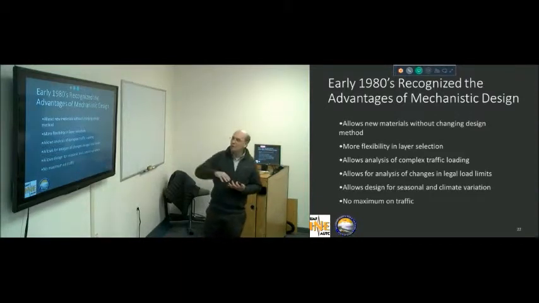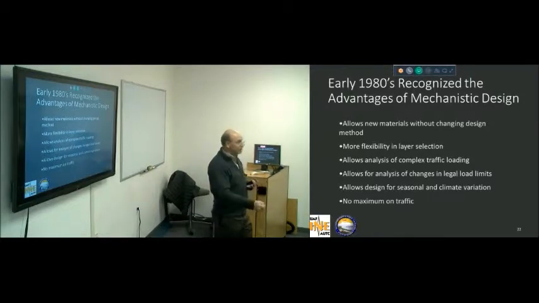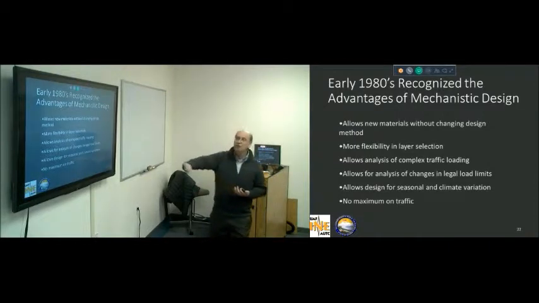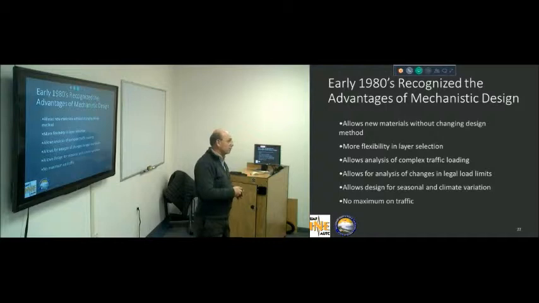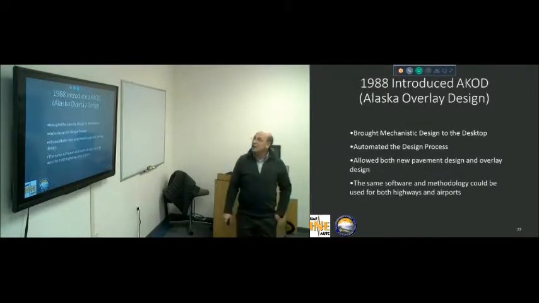You're able to do that very nicely. It does allow us to design for seasonal and climate variations. If we want to, we can look at a daily or hourly basis, but typically we break it down into 4 seasons. And there's no maximum traffic that we put on there. We can analyze all of that. So we've since moved into that.